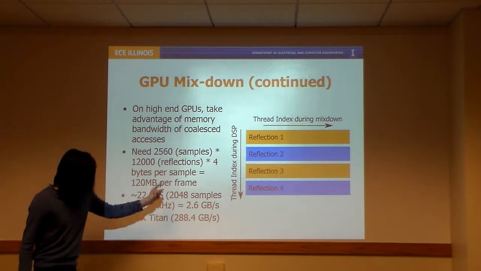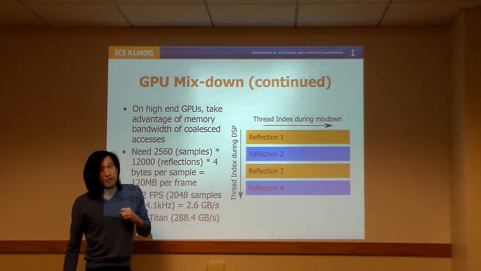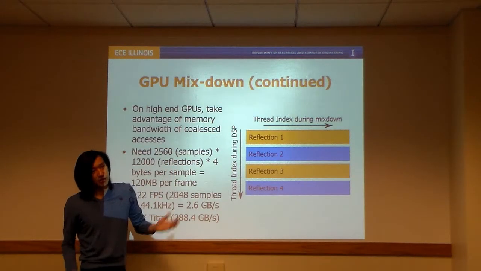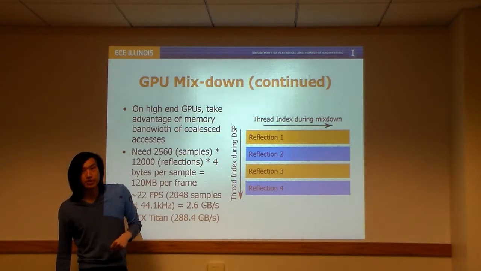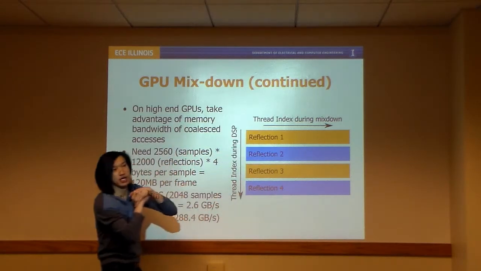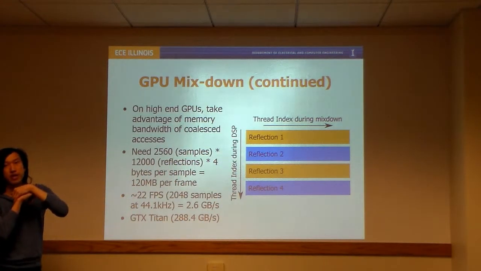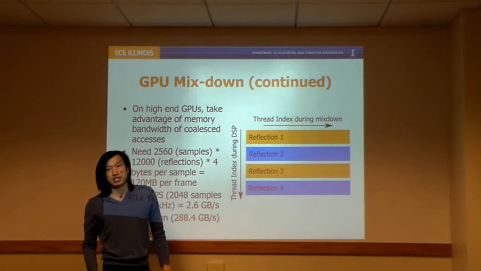So what we do, and this is a pretty clever thing, is these guys write out to DRAM, to global memory. They only have to write out an audio clip, right? 2560 samples. When we do the mixdown, we flip the orientation of this array so that each thread handles a slice.